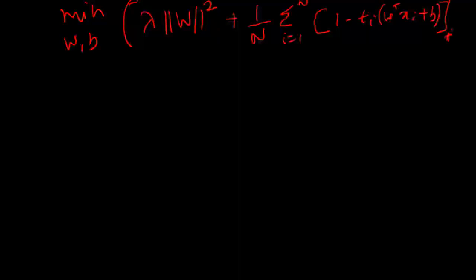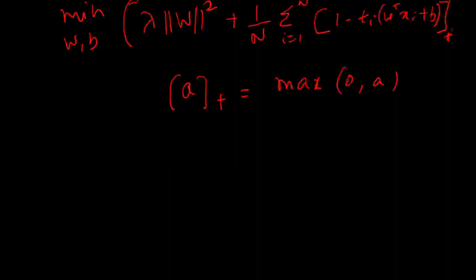So what is this plus? Plus means that if I have some variable, let's say a, then a plus is equal to max of 0 comma a. That means only if it is greater than 0 will I keep it. If it is less than 0, then I will just keep 0. It is also called ReLU, rectified linear unit, ReLU of a.